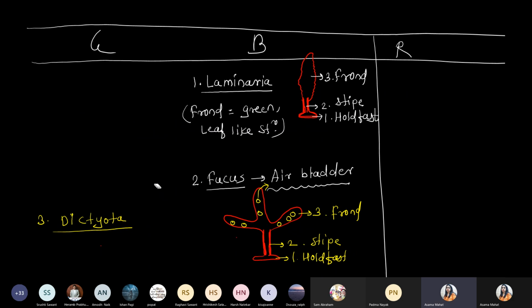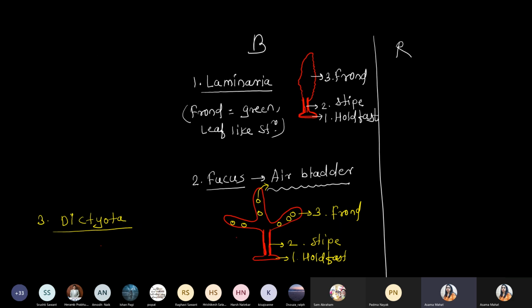So we are talking about the third structure, that is Dictyota. And what is the characteristic feature of Dictyota? It consists of a highly branched frond. Leafy structure, leaf-like structure. It is showing a highly branching structure. So we'll try to draw that structure.